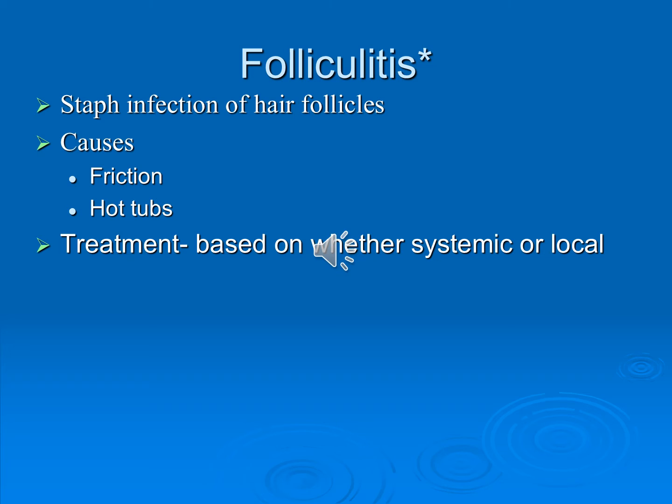Sometimes the bacteria that causes this can be present in there, and people can have outbreaks of folliculitis with this. And the treatment, which you'll include again in your chart as always, will be based on whether it's systemic, meaning it's more present throughout the body, or whether someone just has a very small, very localized area of folliculitis.